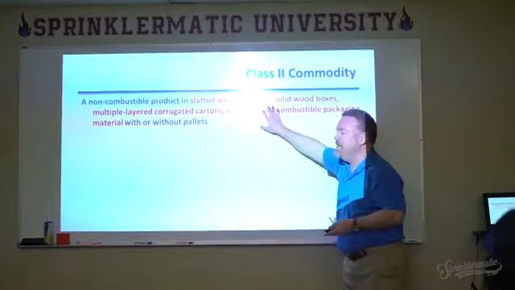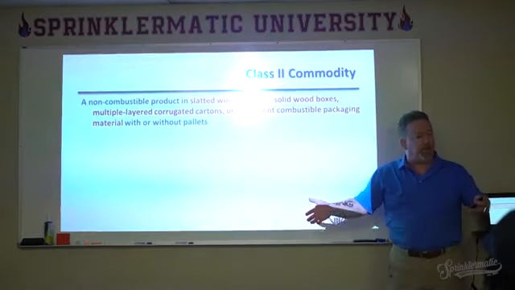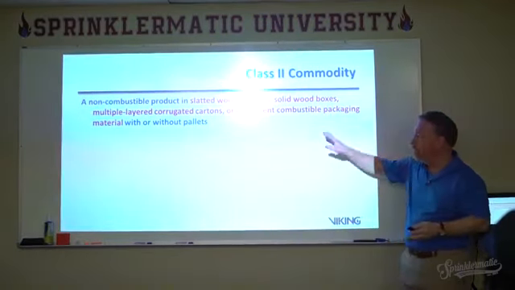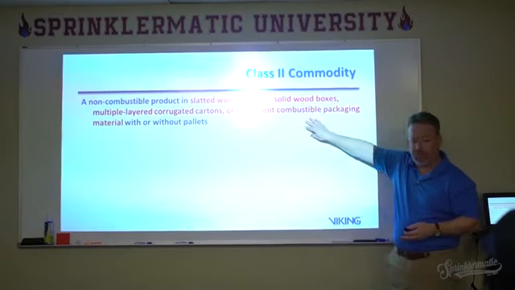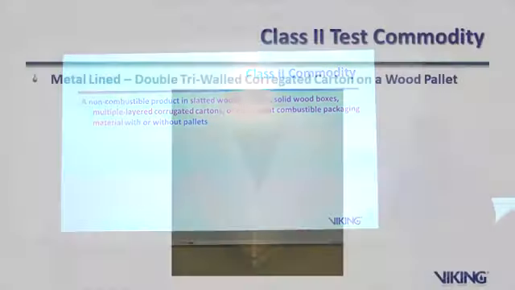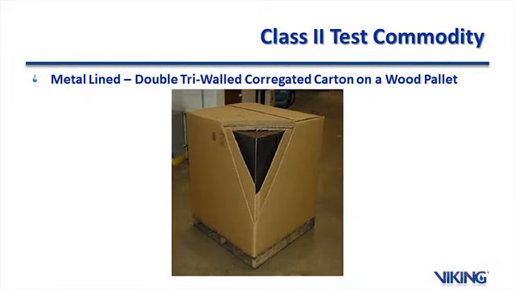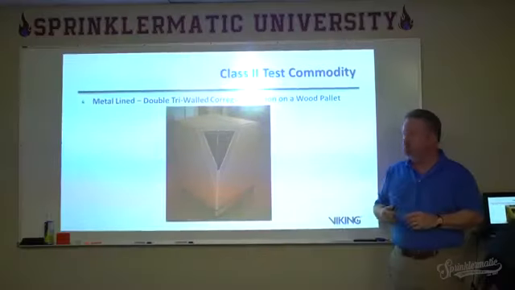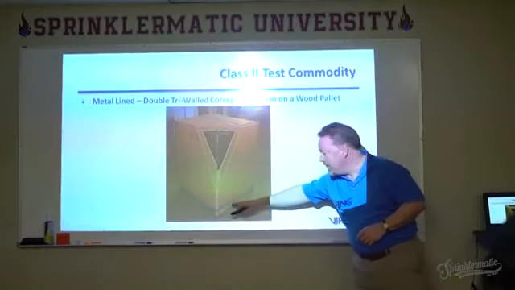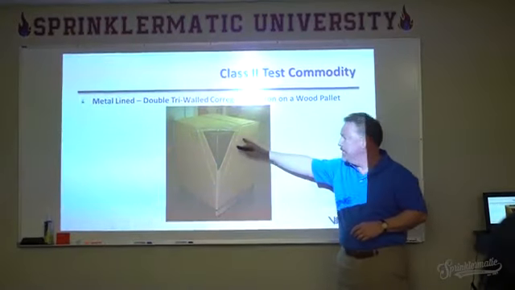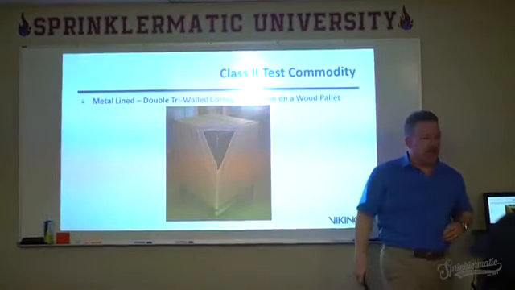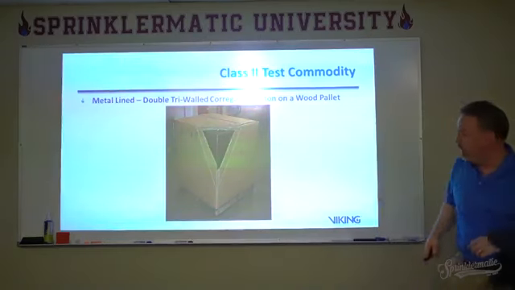So in this case, you can see same product, just in a different packaging. What changed? The way we packaged it. So the test commodity, I should have just gone right to the test commodity on this one, is a non-combustible product with multiple or tri-wall corrugated cartons, on a wood pallet. Once again, on a wood pallet, this is what we burned, non-combustible with multiple layers.